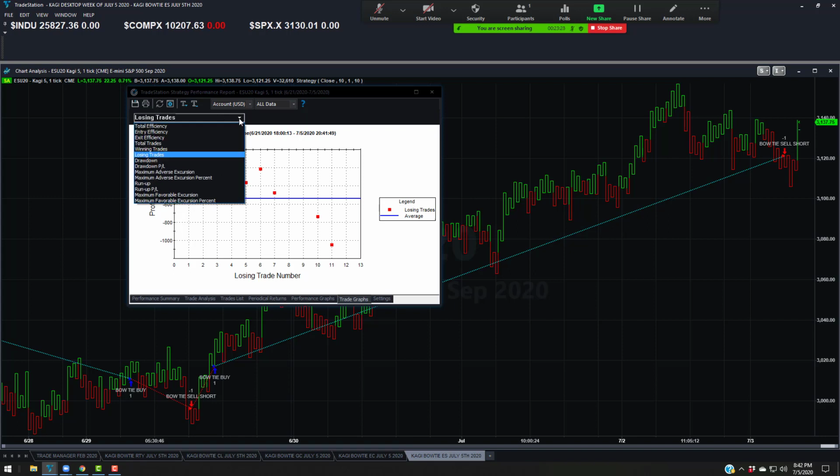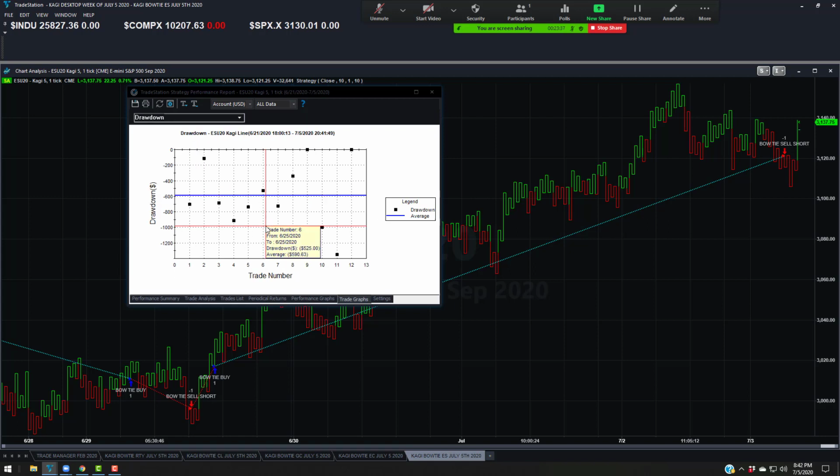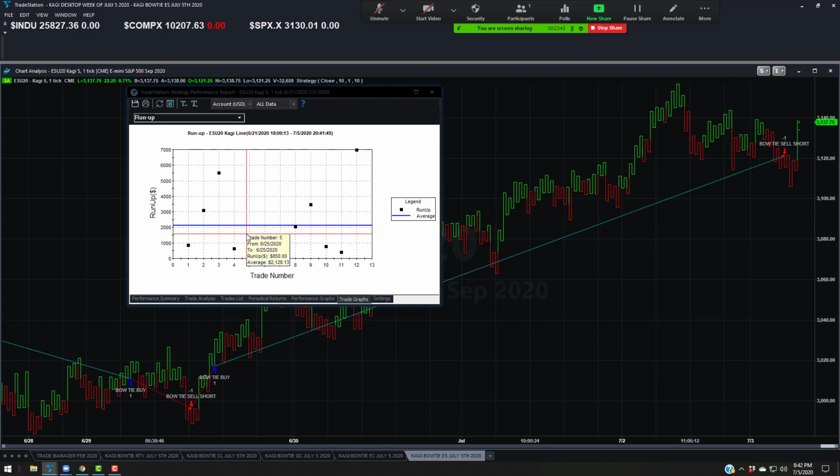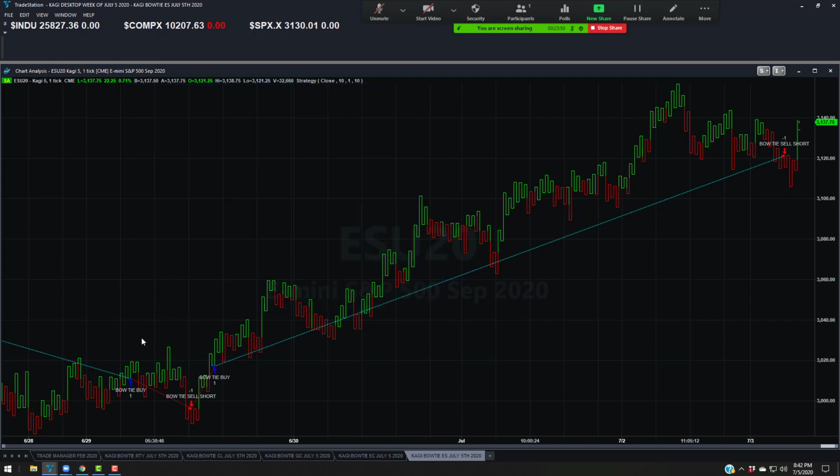Can't really go into detail there, but we might, which could reduce those numbers a little bit. The average drawdown, I think we just looked at that, is 590. And then we want to look at the average run up is 2100. Fantastic.